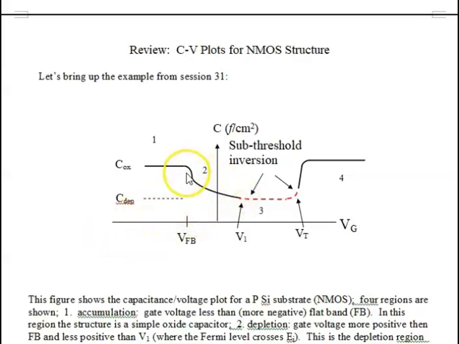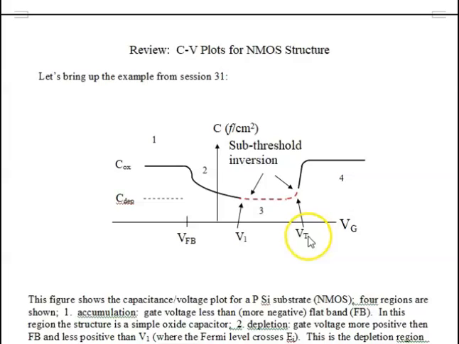So the flat band is the demarcation between accumulation and depletion. V1 is the point where the Fermi level crosses the intrinsic, or I should say the intrinsic bends down so that it touches the Fermi level. VT is the threshold.